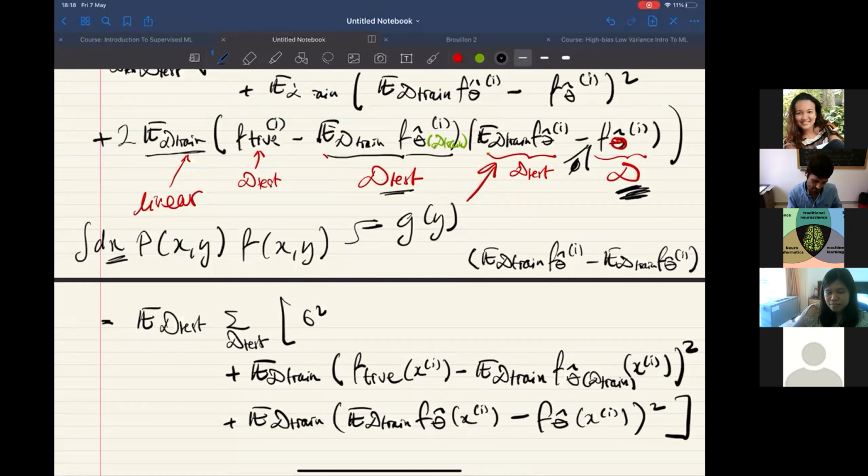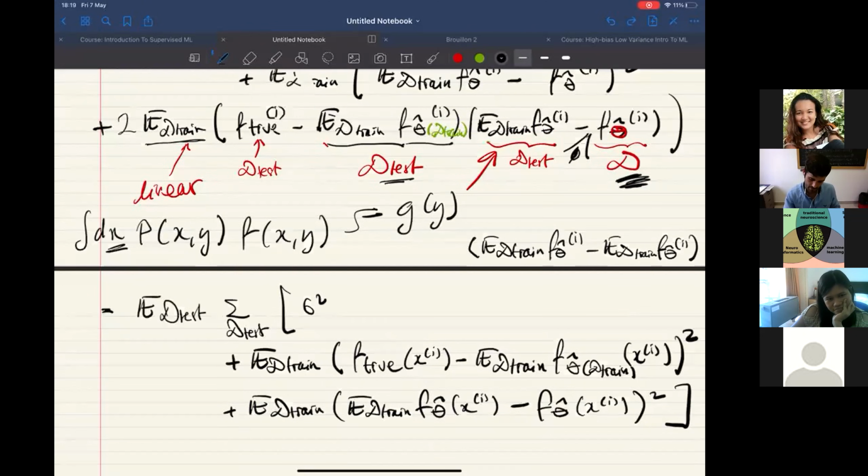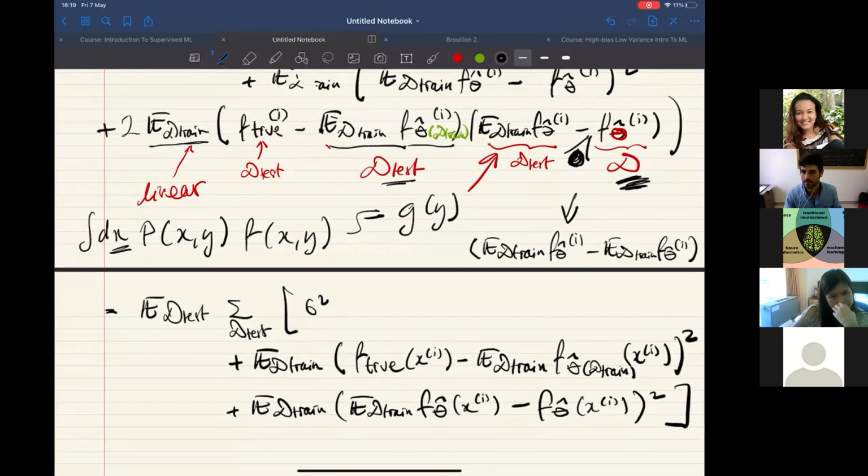All these things are independent of the training data, so they are just constants with respect to the training data, so I can just push the expectation inside. Once I have the expectation over the training data here, I obtain something minus the same thing, so I get 0.